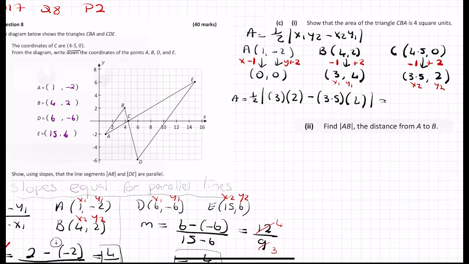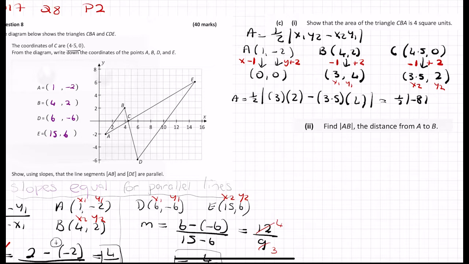When the letters are written like that beside each other, it means multiply. So on my calculator, I'm just going to go bracket 3, bracket 2, minus bracket 3.5, close my bracket, open my bracket 4. Okay, so I'm getting a half of minus 8.